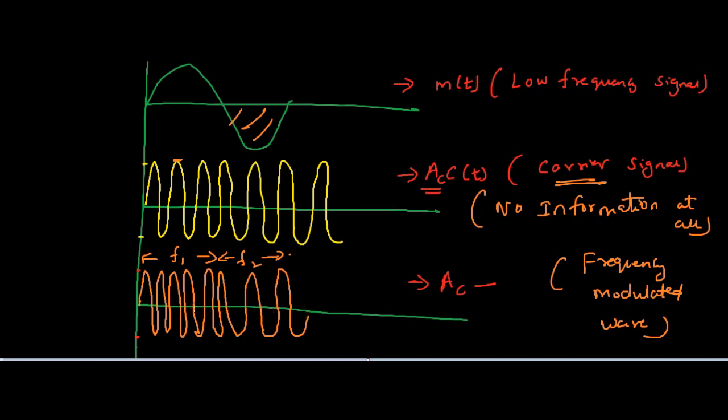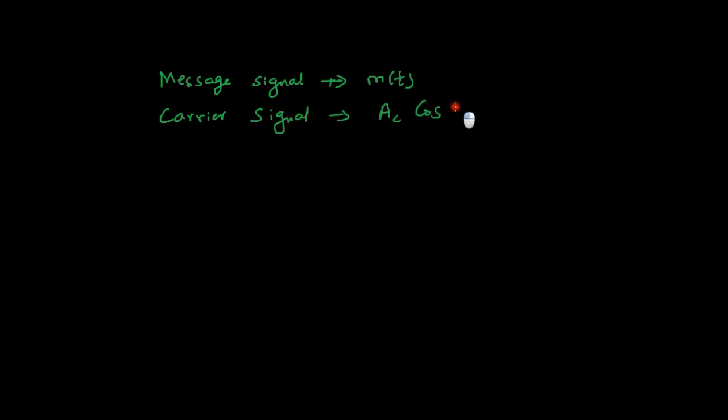So let me go straight to the equations. Let us derive the equation of this FM wave now. So we have two signals. One is the message signal, M of t, and then we have the carrier signal, AC cos 2 pi fct.